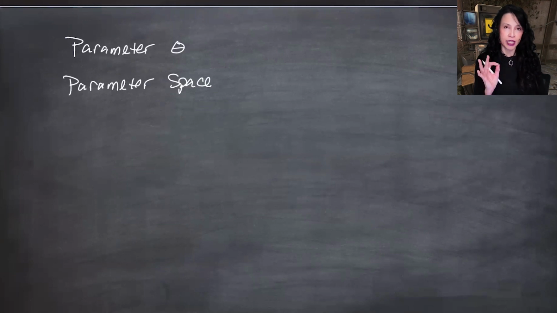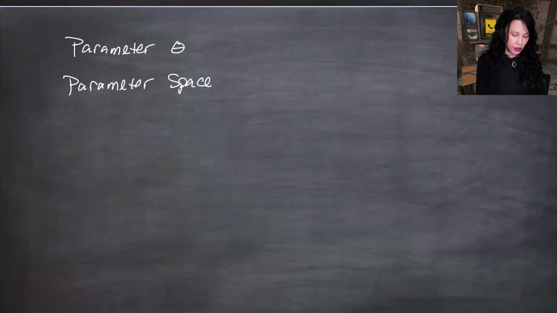If it is the p for a Bernoulli distribution, it lives between 0 and 1. If it is the mu for a normal distribution, it lives everywhere from minus infinity to infinity. So there's always a parameter space, and you don't need to know this until we get towards the end of the semester, but I'm going to use this capital theta to denote that space.